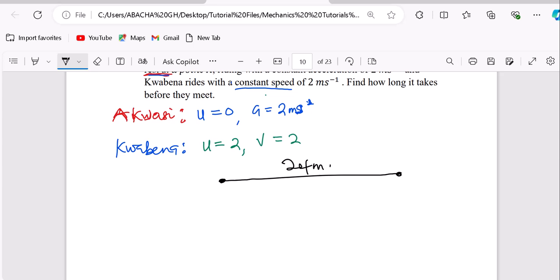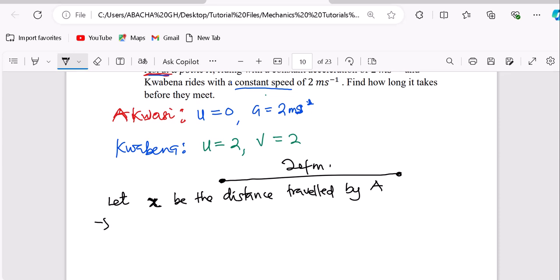If we are looking for the distance traveled by Akwasi, we can let x be the distance traveled by Akwasi.